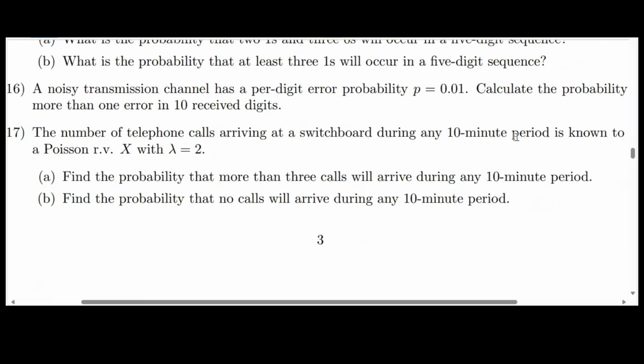Period, interval, they're literally giving it. Even if Miss didn't tell you it was a Poisson distribution, it helps you out. The time you hear interval, you know you're setting up a Poisson.